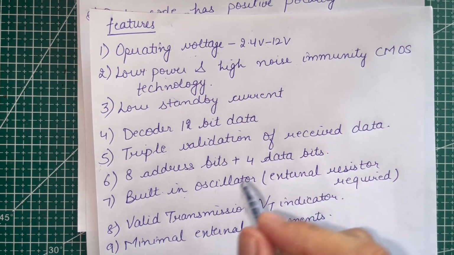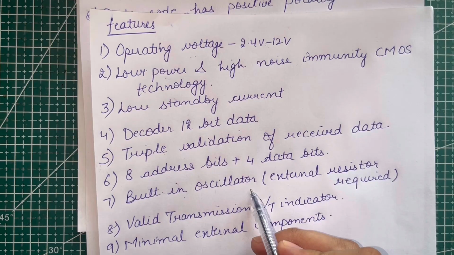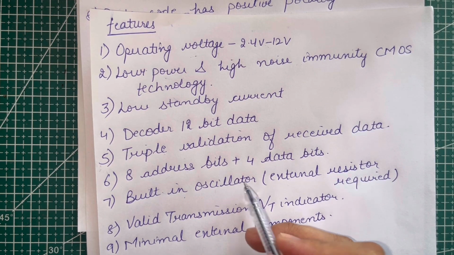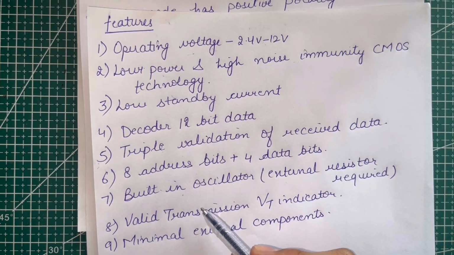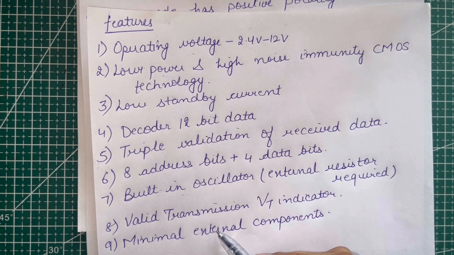It includes an internal oscillator and only an external resistor is needed to set the frequency for proper synchronization with the encoder. The VT pin goes high when a valid signal is received and decoded, indicating successful communication. The decoder requires very few external components, simplifying the circuit design and reducing the cost.